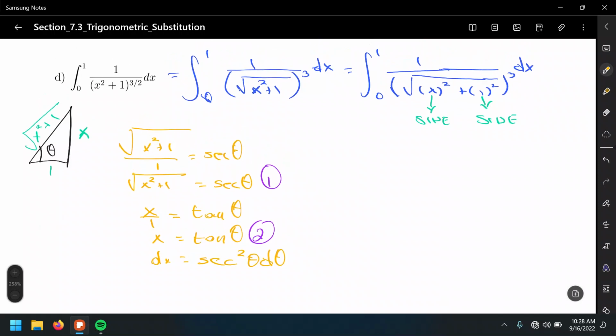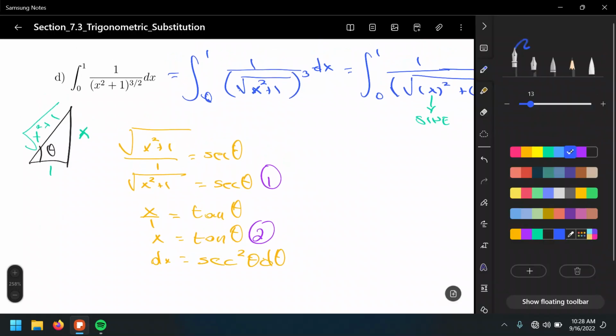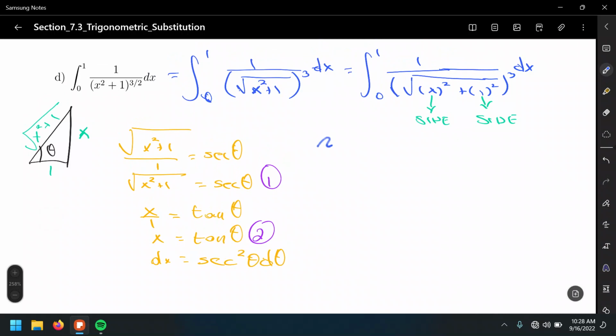What are we going to have here? Now we're ready to go. I'm going to skip the limits of integration for now. So what are we going to have? The integral of this radical, which becomes secant, but that quantity is raised to the 3rd power.